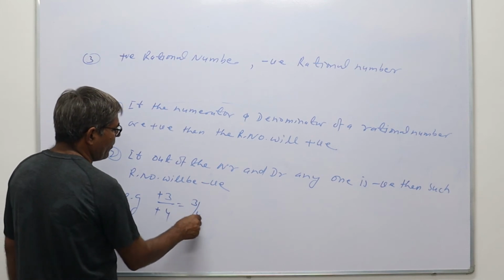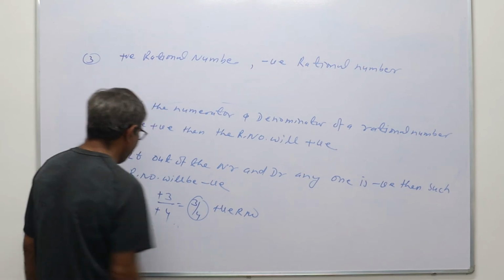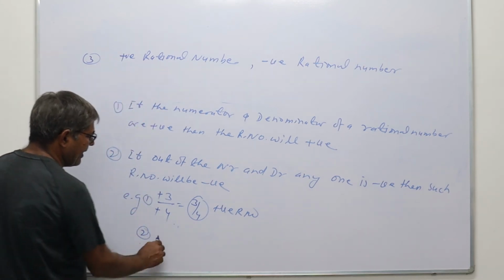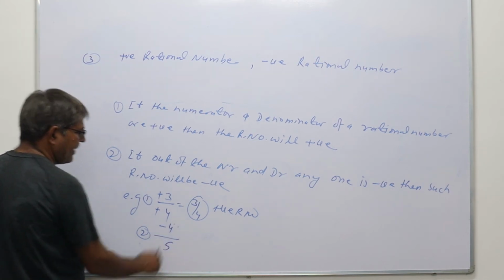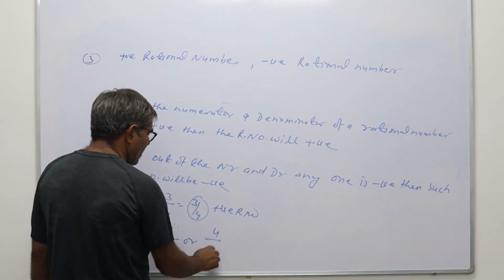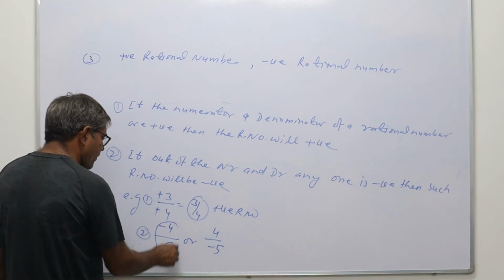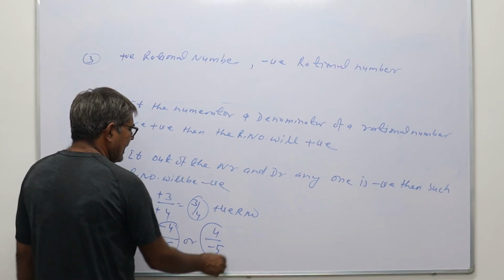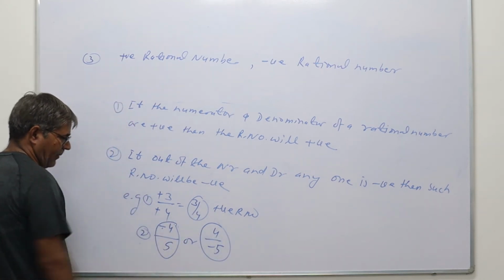So 3 by 4 is a positive rational number. If in any given rational number numerator is minus 4, denominator is plus 5, or numerator is 4, denominator is minus 5, then this 4 upon 5 will be a negative rational number because one of them is negative.